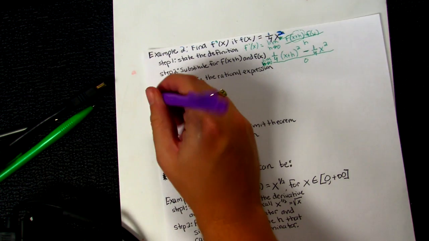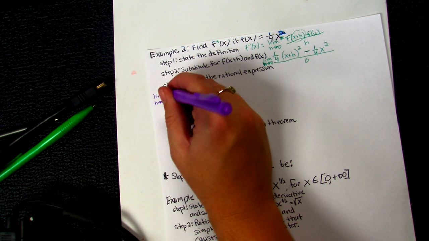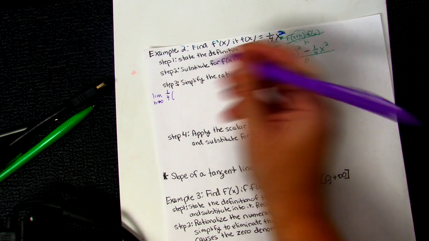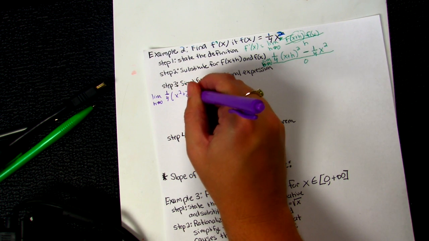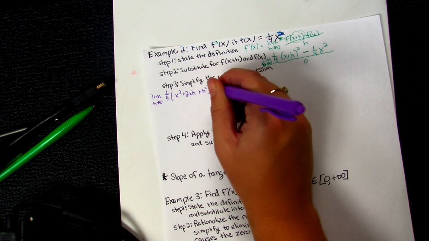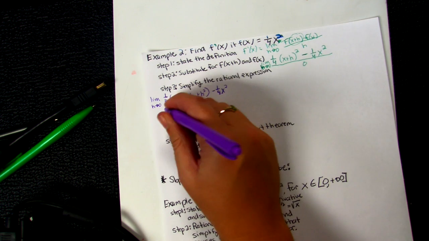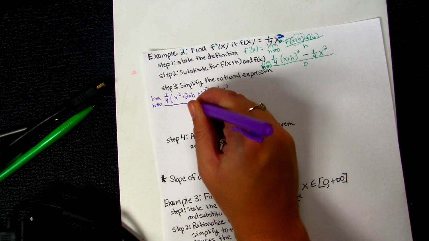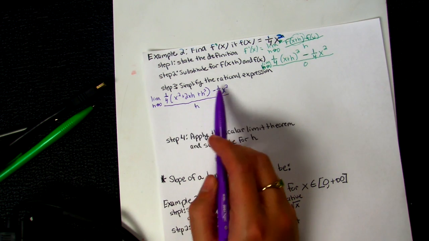So we're going to get the limit as h approaches 0 of 1/4, and the x plus h squared becomes x squared plus 2xh plus h squared, minus 1/4 x squared all over h. Okay. So from here, I can go ahead and factor out the 1/4.